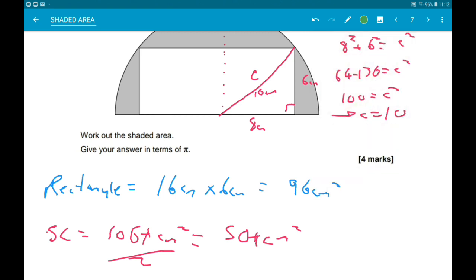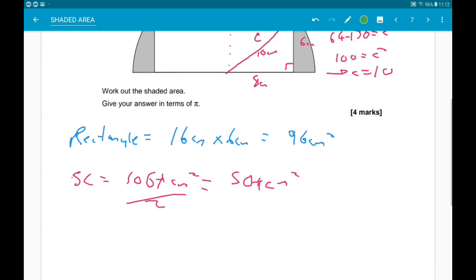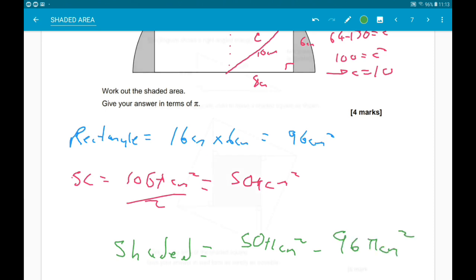So finally, we can now get the shaded area. It's the semicircle minus the rectangle. So the shaded area is 50 pi centimetres squared minus 96 centimetres squared.